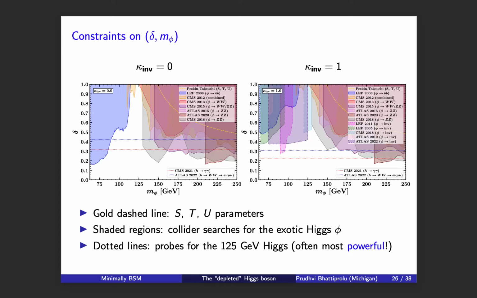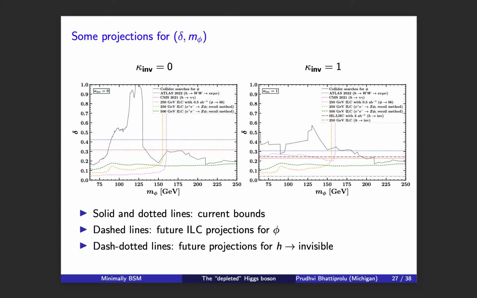Okay. And there are also future projections shown here by the dashed curves and the dashed-dotted curves from ILC and HL-LHC. For example, on the right plot, you can see that the 250 GeV ILC, which probes the observed Higgs, gives a stronger projection or much greater reach.